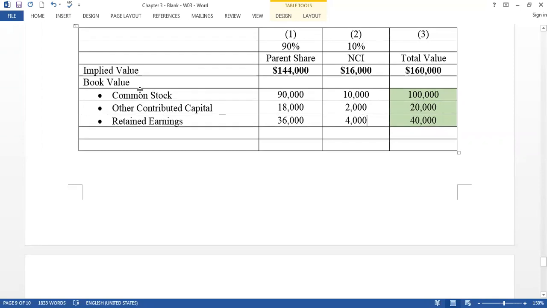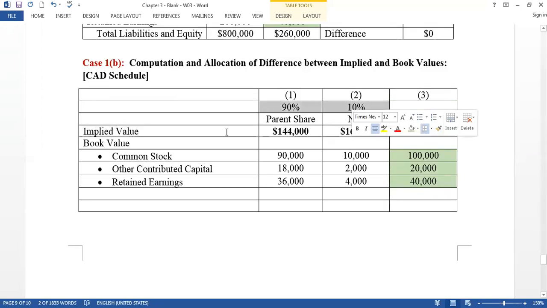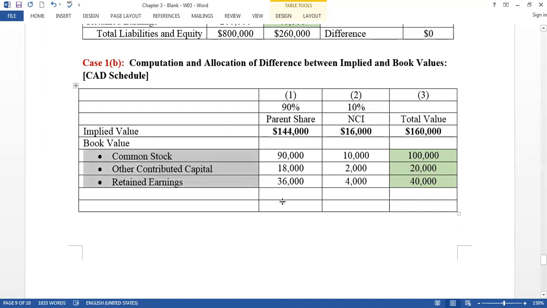So we allocate book value based on their percentage. So you can see the total book value. If we add these three, the total book value is $144,000. And the total book value for NCI is $16,000.